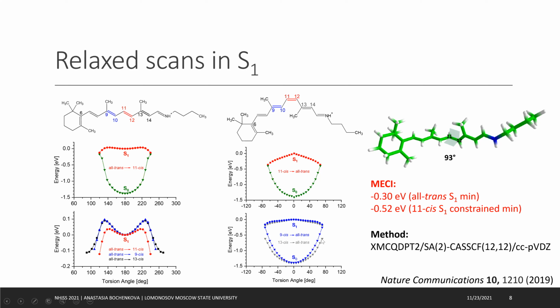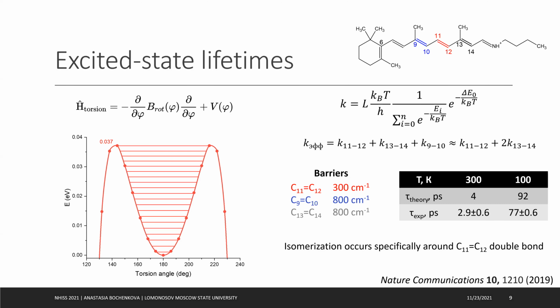And now we would like not only to say that there is a barrier or there is no barrier, but we also would like to make estimations for the excited state lifetimes, to be able to directly compare to what Lars measures experimentally for the retinal in the gas phase. For that, to estimate the excited state lifetimes, we use a statistical theory.